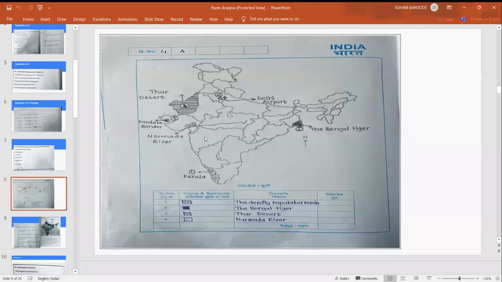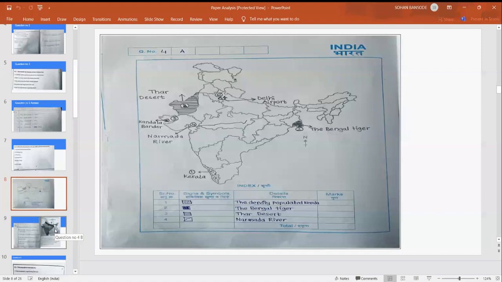Next, fifth one is Kandala Bandar. This is located in Gujarat. And the last one is the Delhi airport. Okay, hope you understood these points. Here only the index is very important. You just need to show whatever signs and symbols you have used for that.